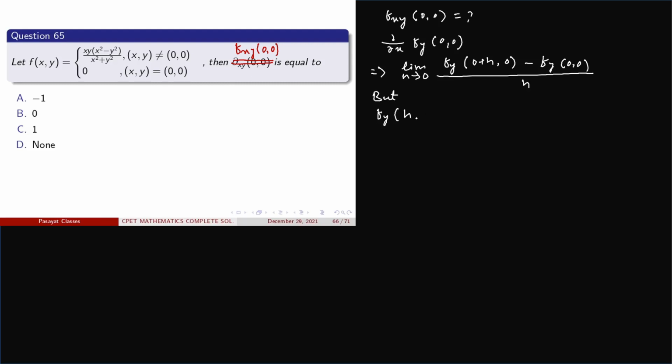h comma 0 can be written as del by del y of f of h comma 0.